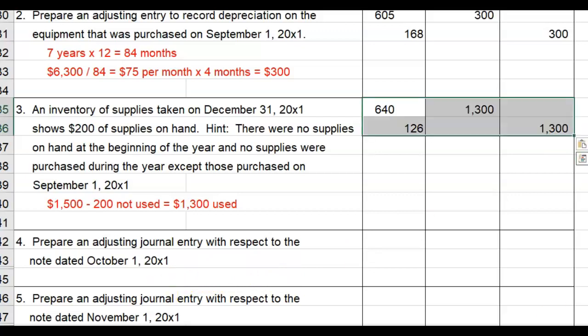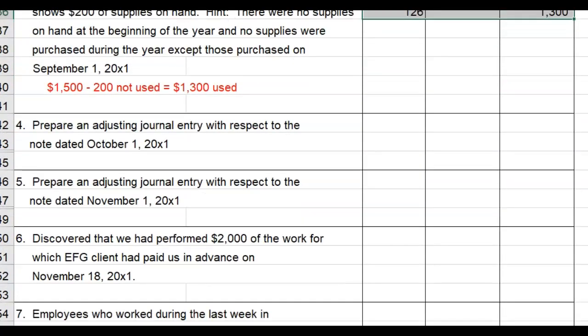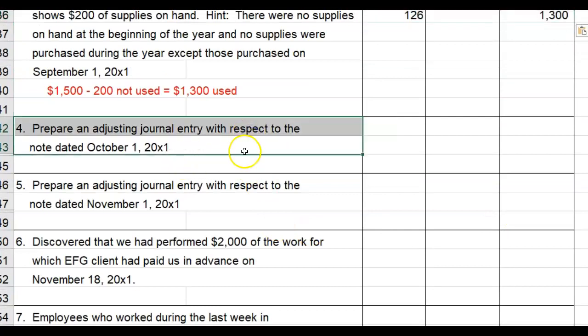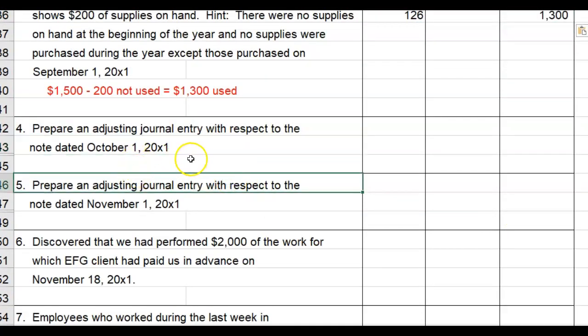Number 4, prepare an adjusting journal entry with respect to the note dated October 1st, 20X1. Remember that interest, whether it's interest income or interest expense, it does not matter. The formula is principal times rate times time.